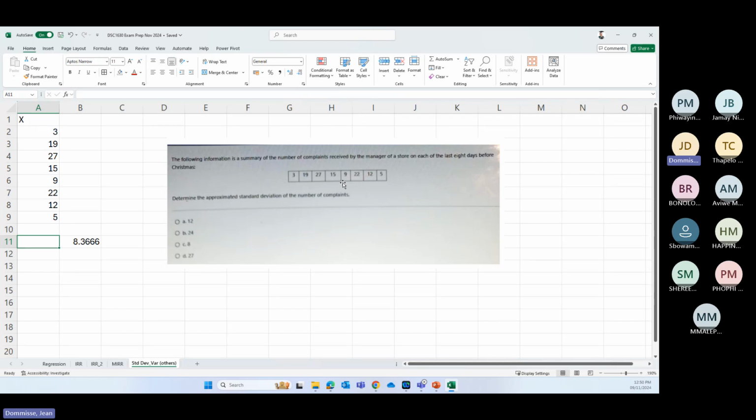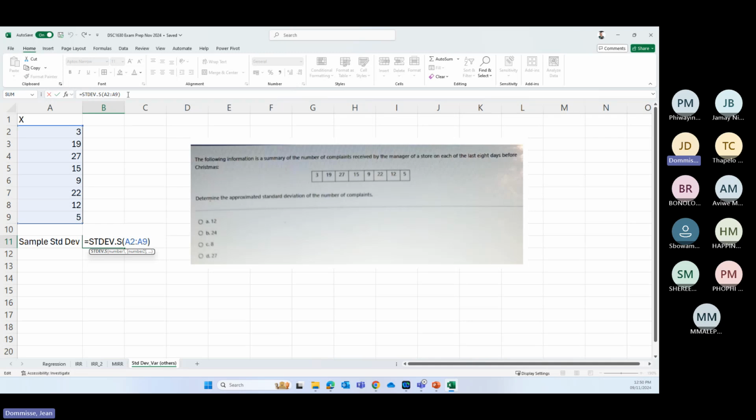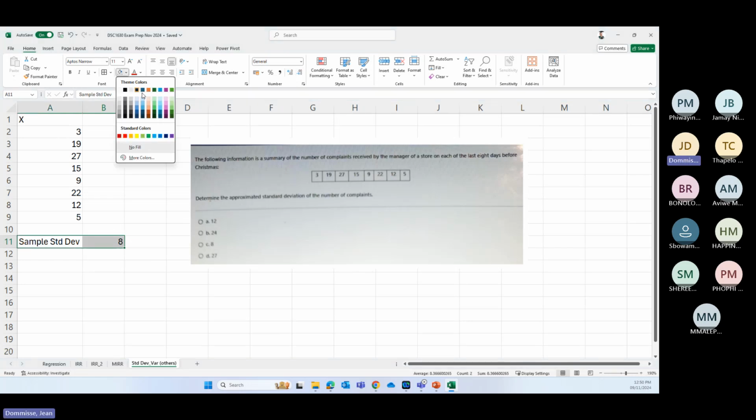So basically, they're taking a sample standard deviation. If you look at the sample standard deviation, there is a function within Excel that does it, and they say approximate, so we got 8.36. If we round that off, we will get to 8, which is the right number.